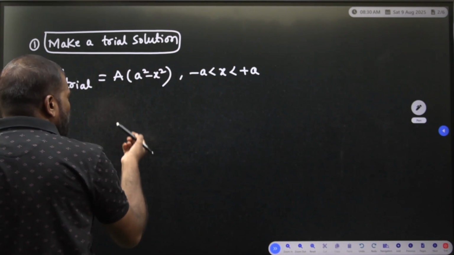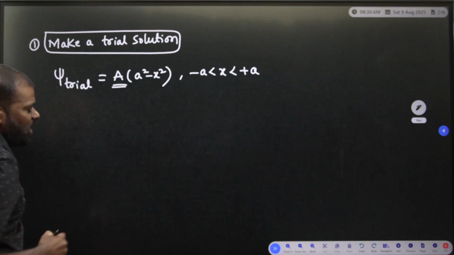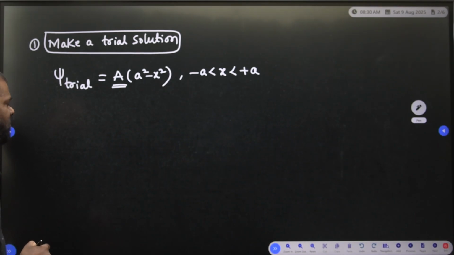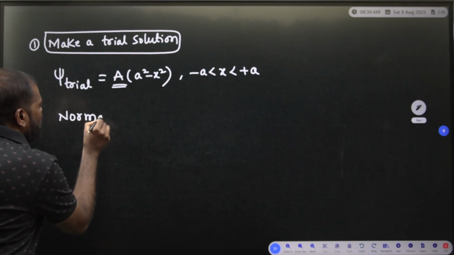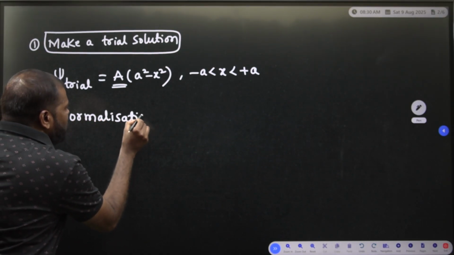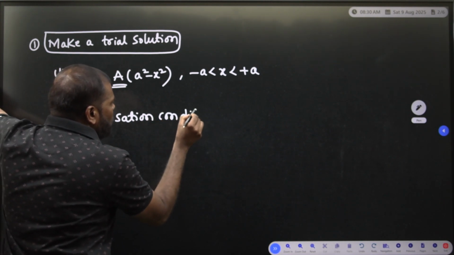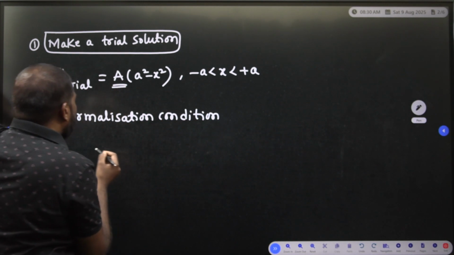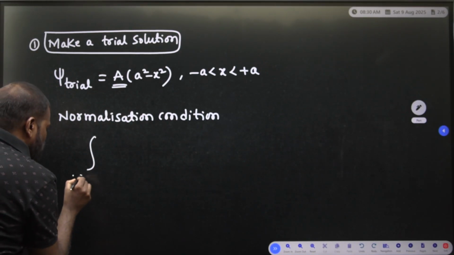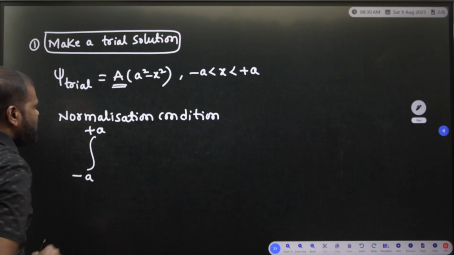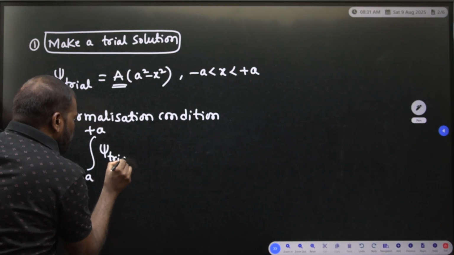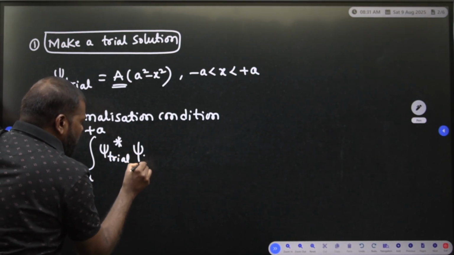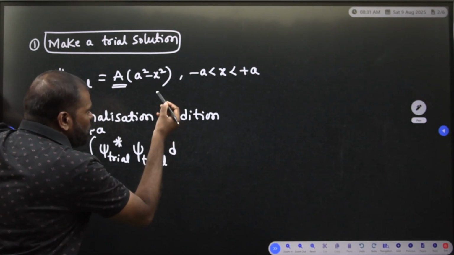Now, it is not normalized, so we need to calculate the normalization constant. How are we able to calculate it? By using the normalization condition. Your normalization condition is the integral from minus infinity to plus infinity; so your limits are minus a to plus a, of the trial wave function conjugate into the trial wave function with respect to x.